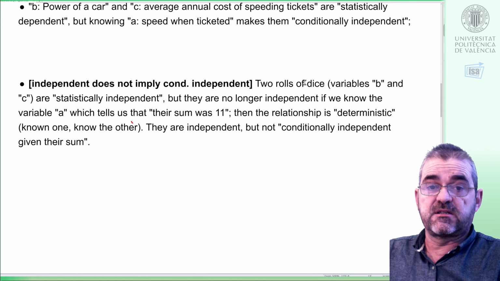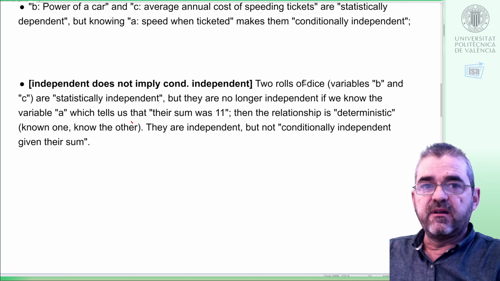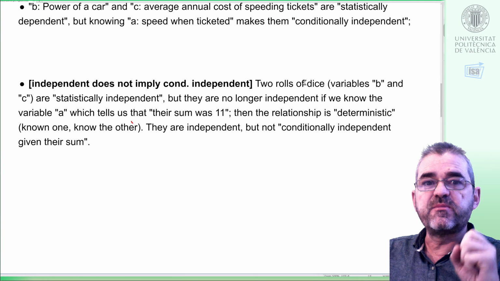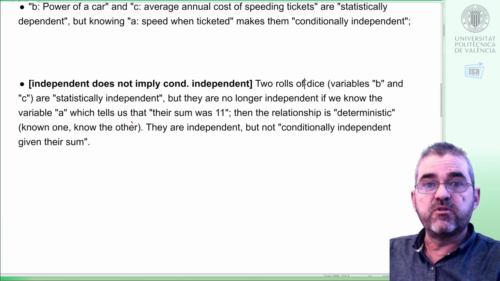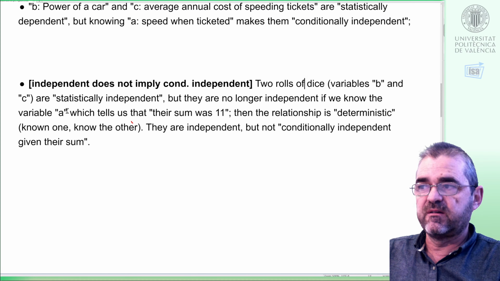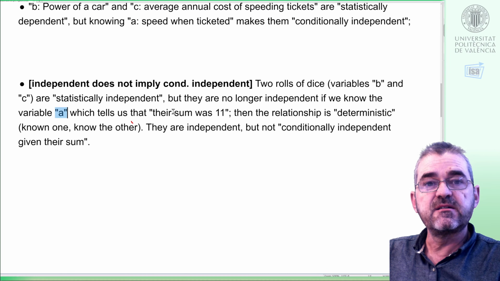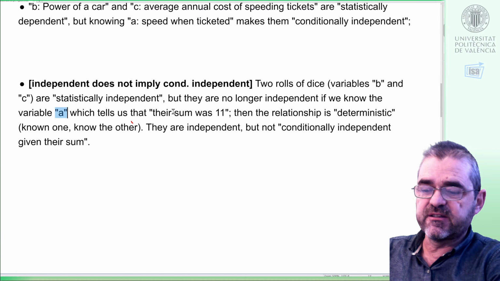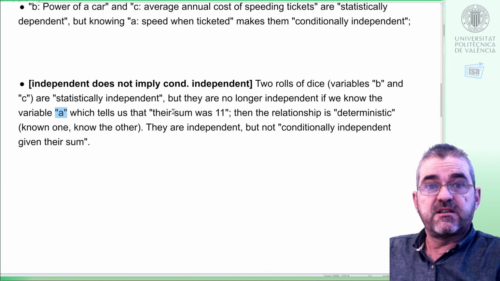However, let us imagine that someone gives us an additional piece of information. Someone tells us that you didn't see the actual dice, but I can tell you that their sum was 11. Well, that will be the variable A. If their sum is 11, then things change a lot.